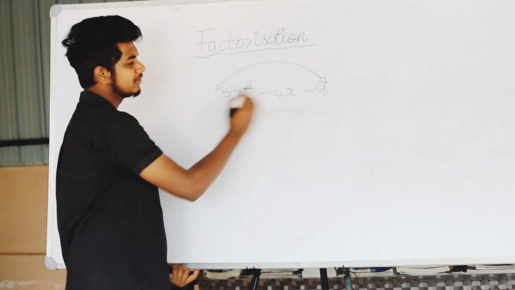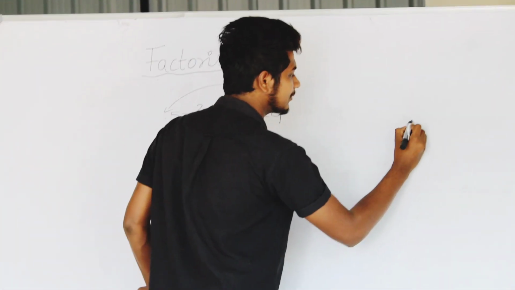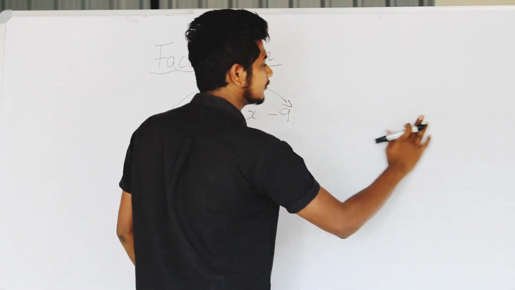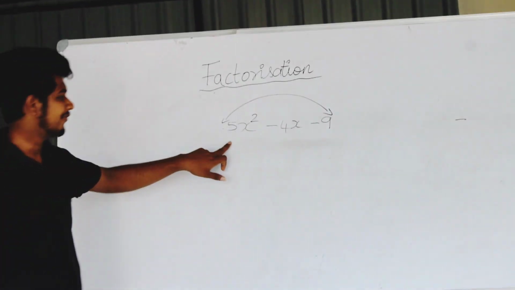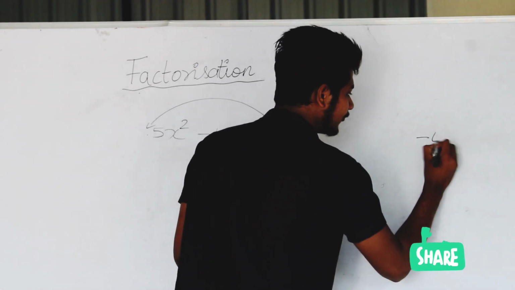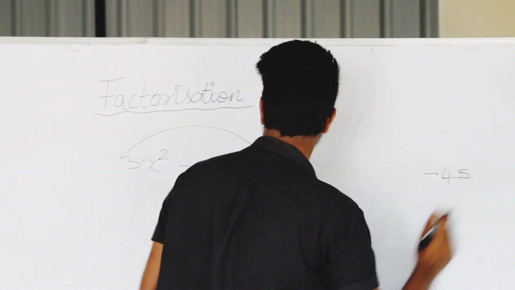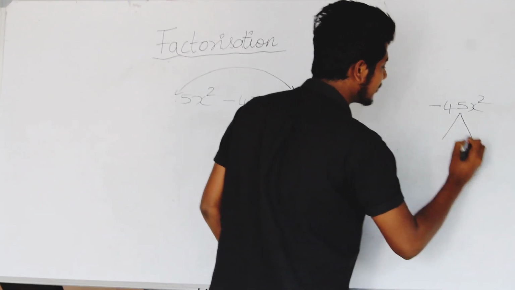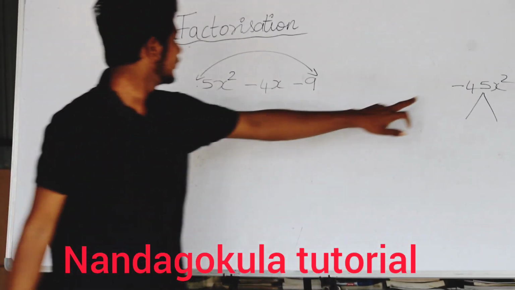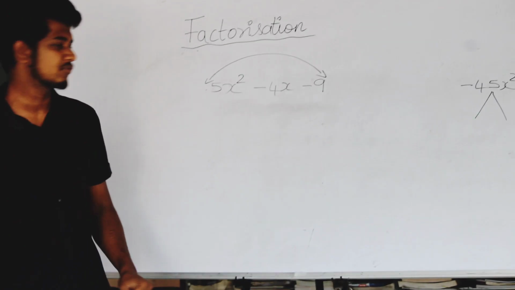Here we have plus, here we have minus. Plus into minus is nothing but minus. Now what number? 5 nines are 45. After that x square. So if you multiply first and third number, you will get minus 45 x square, right?